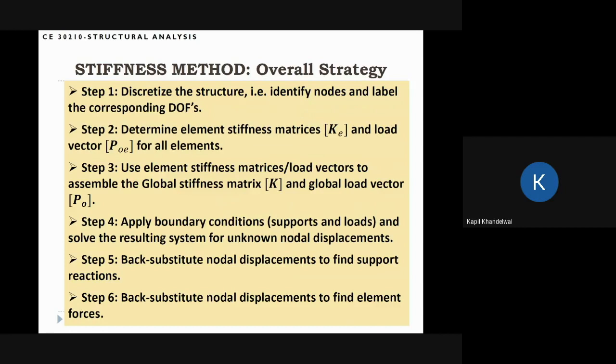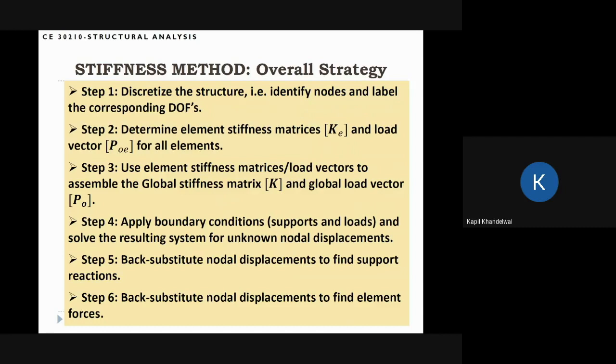Then we move on to step number 3, where we are trying to assemble the global stiffness matrix and the global load vector. Again, the PO vector comes from temperature and fabrication effects, and the stiffness matrix is coming from the individual element stiffness matrices. So you have to make sure that you assemble them in a correct fashion.